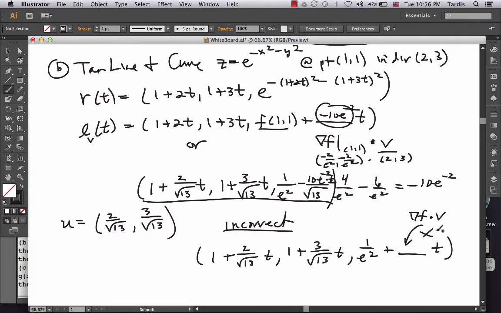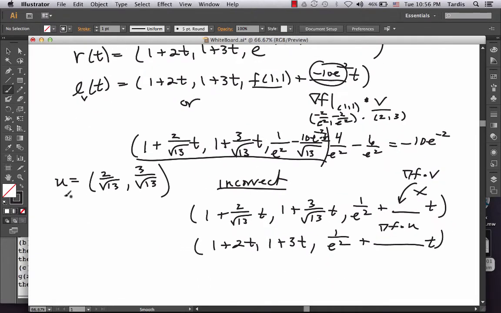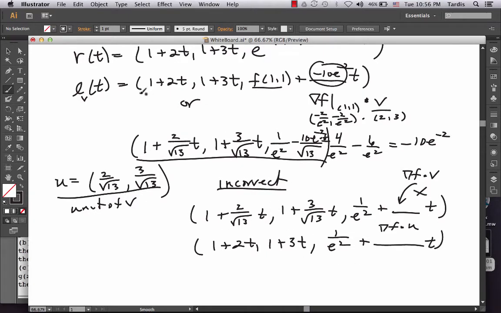If you put 1 plus 2t, 1 plus 3t, 1 over e squared, it would be incorrect to put in this blank the gradient of f dotted with u, where u is the unit vector of v. Okay, so these two are correct.